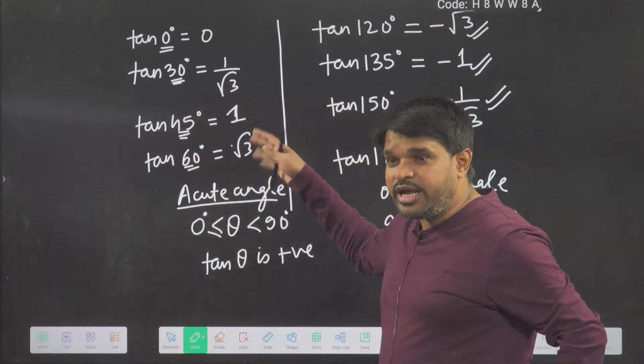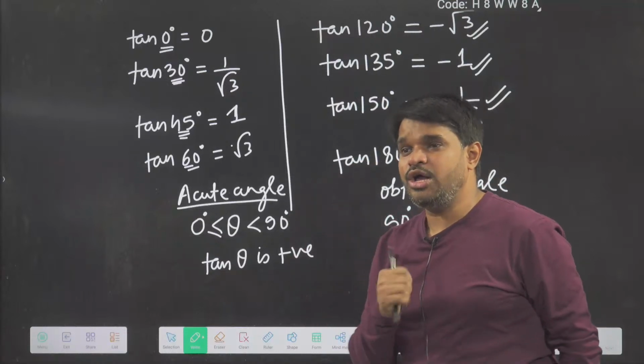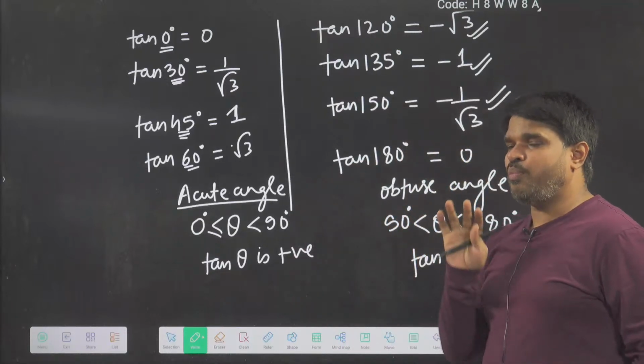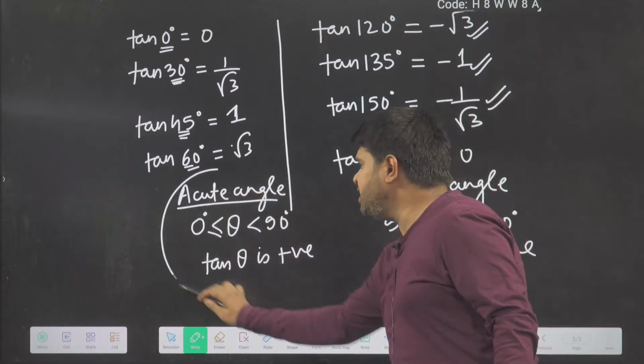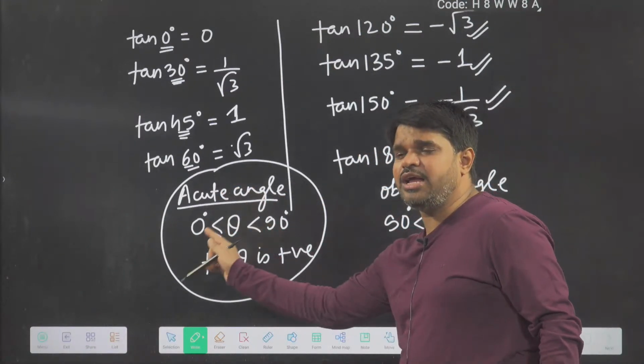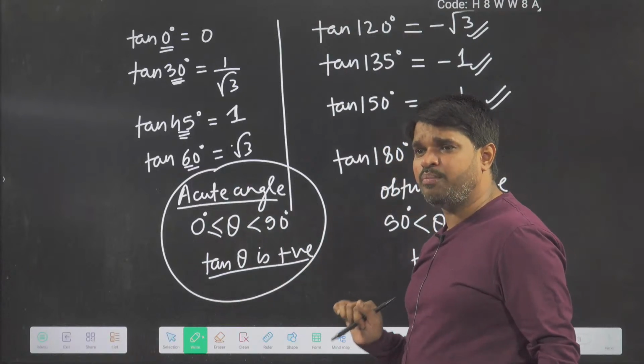Today in my discussion there is a requirement of the value of tan theta. My overall point is that if the angle is acute, lying between 0 and 90, the value of tan theta will be positive.